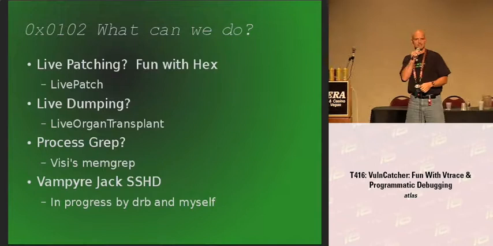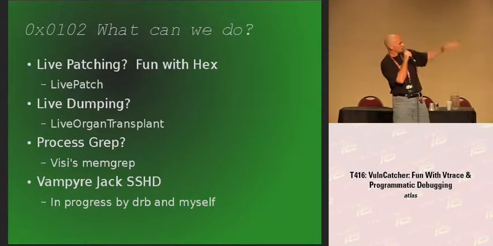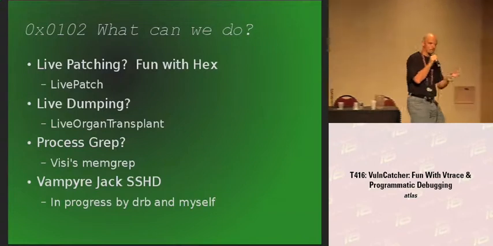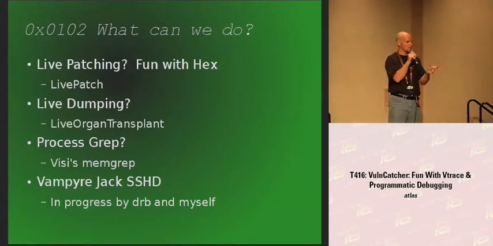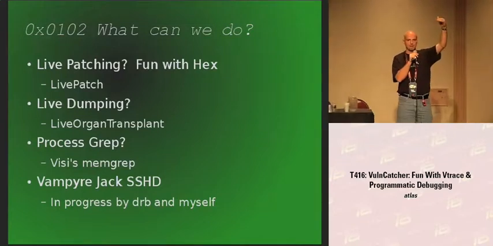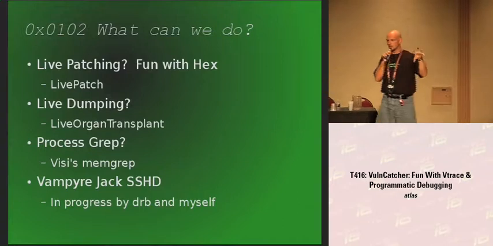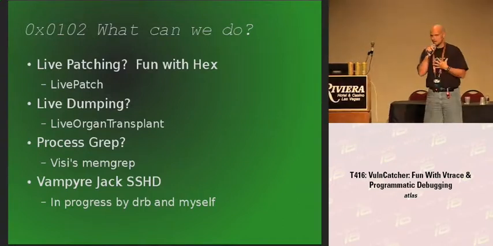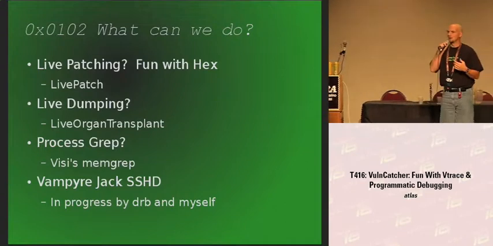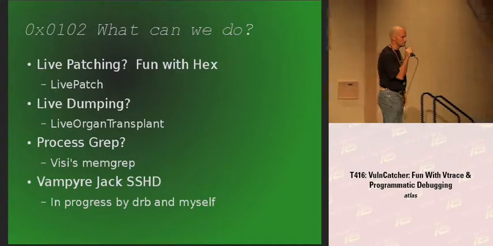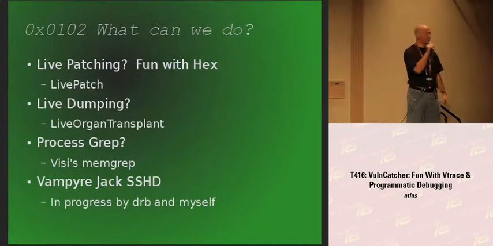Live dumping. This is something that I often couple with process grep. Live dumping is the idea of, from a bash prompt, I run my tool, I give it an address and a length, and it spits out in nice hex fashion all the bytes in that chunk that I've just described. Then there's process grep. I don't claim responsibility for this one, although I probably will have to give it to you, since Visigoth saw fit to remove it from his tools. Memgrep is really cool.